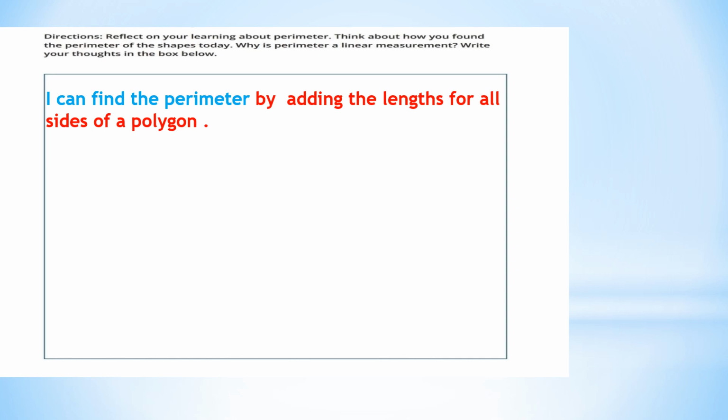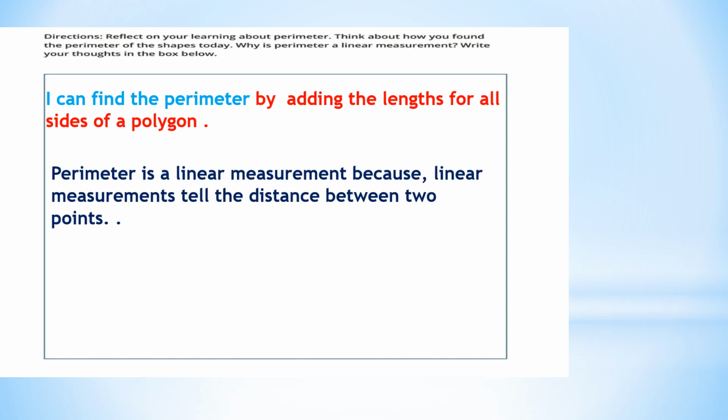If we added all sides, it means we found the perimeter. And why is it a linear measurement? Because linear measurement tells me the distance between 2 points. And the perimeter is moving between 2 points. I move through the distance between 2 points. So perimeter is a linear measurement.